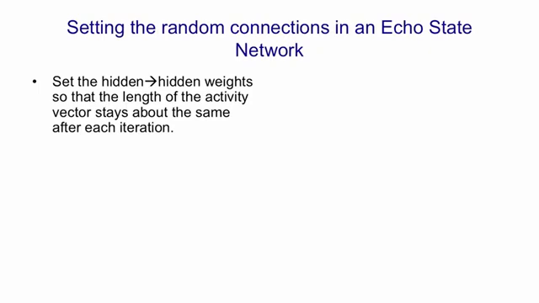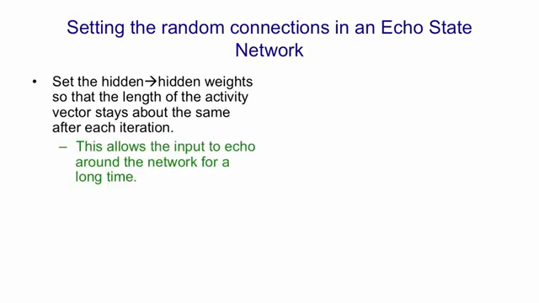For those of you used to linear systems and matrices, you're setting it so the spectral radius is 1. That is, the biggest eigenvalue of the matrix of hidden-to-hidden weights is 1, or it would be 1 if it was a linear system, and you want to achieve the same property in a nonlinear system. If you set those weights to be about the right magnitude, then an input can echo around in the recurrent state for a long time.